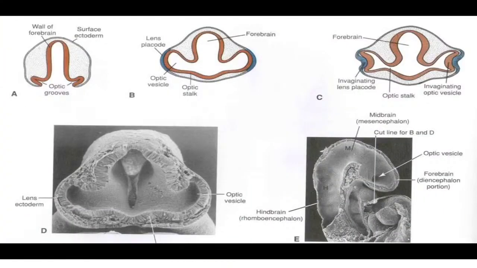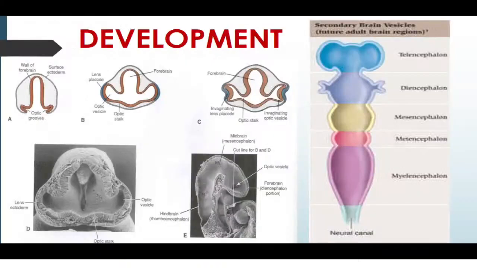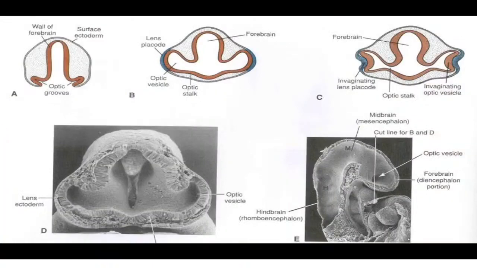In the next slide, we can see all the steps of brain and eye formation very well. First is the optic grooves. Next, the optic vesicle, the lens placode, and the optic stalk in the early stages.